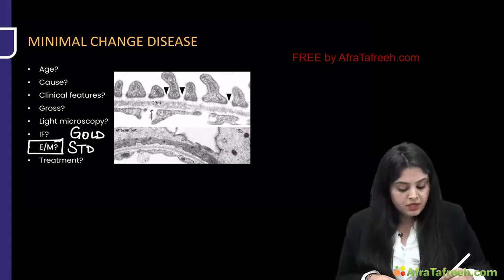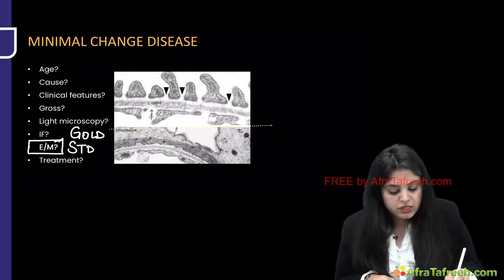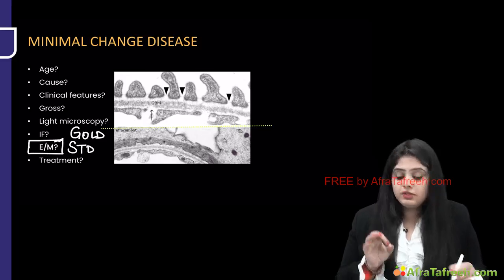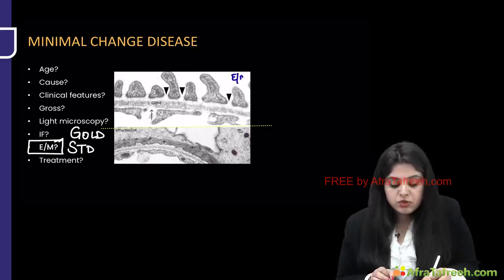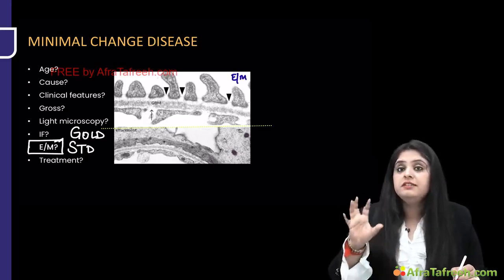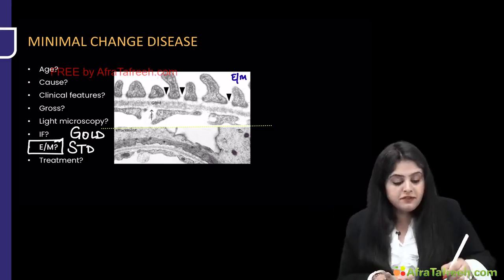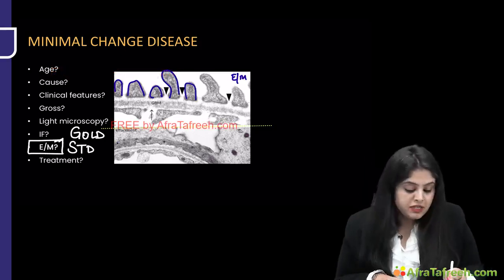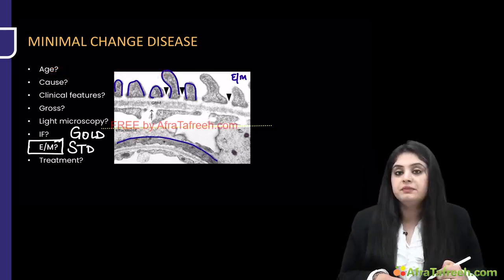And what do you see? You will have to divide this picture into two parts in order to understand. And I have always told you, you see an electron microscopic picture, you look out for what? Find the feet. That's the rule. So can you see the feet over here? Yes, the feet seem to be fine over here, but suddenly the feet do not seem to be fine over here.